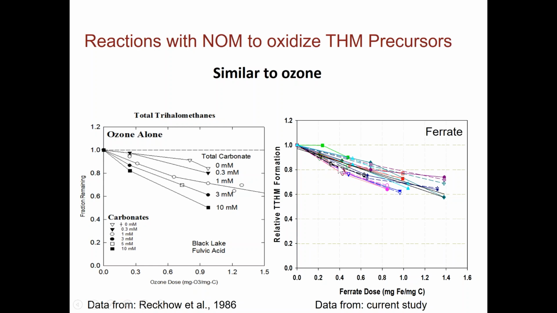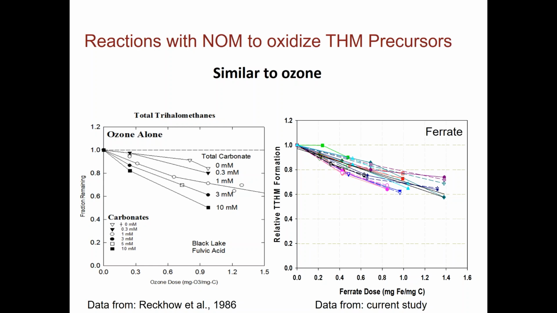And so looking over at the ferrate data on the right, we've got concentrations from many different water utilities, and I don't have the full set of symbols, the key up here, but we've got about a dozen or so different types of waters from different locations. And what we see is at doses that are fairly typical, that may be about 0.6 or 0.7 milligrams of iron per milligram carbon.